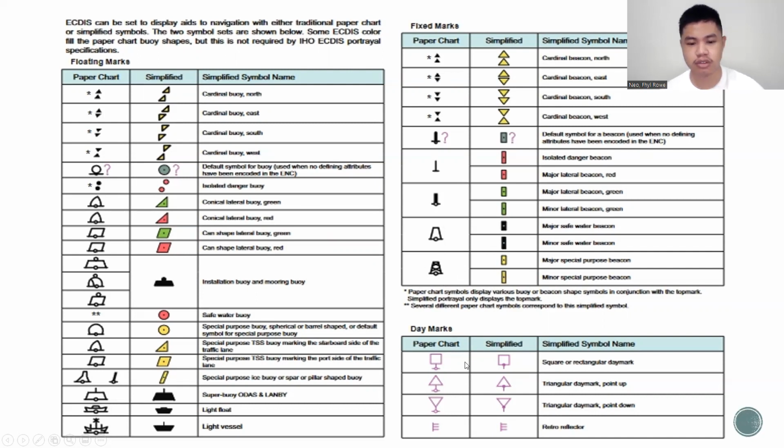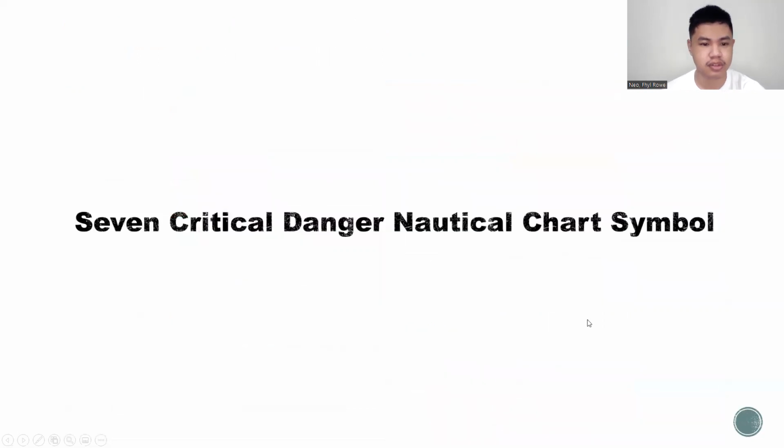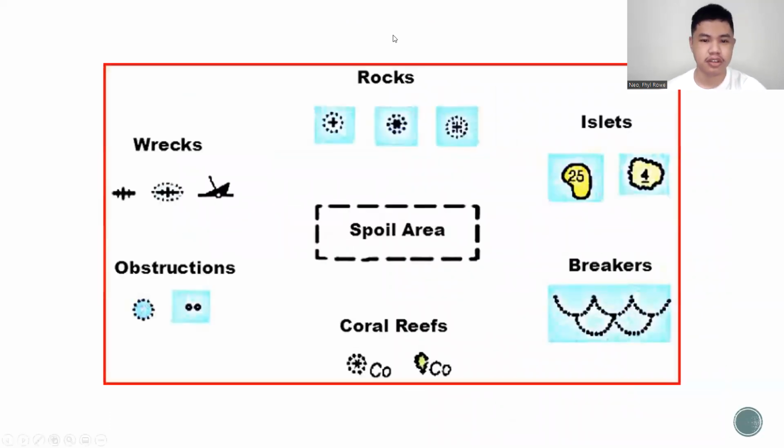Now let's go on to the day marks. So the square or rectangle day mark, then the retro reflector, or just a capital E, is the symbol. So let's talk about the seven critical danger nautical chart symbols.